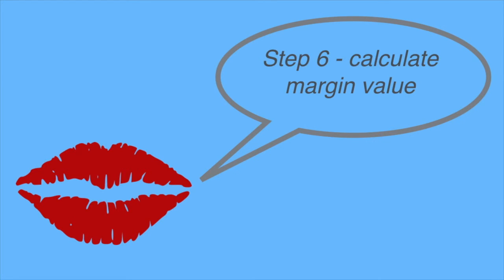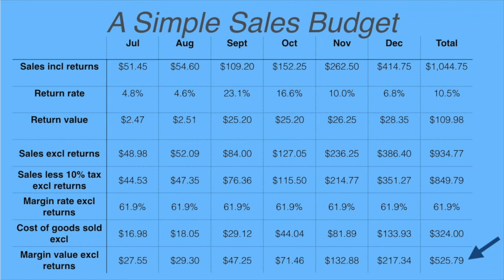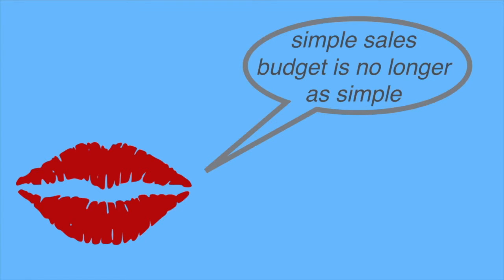And this value comes to $525.79. The simple sales budget is no longer as simple once we take returns into account. We do, however, get a better indication of how much profit we plan to make over the period we are budgeting for.